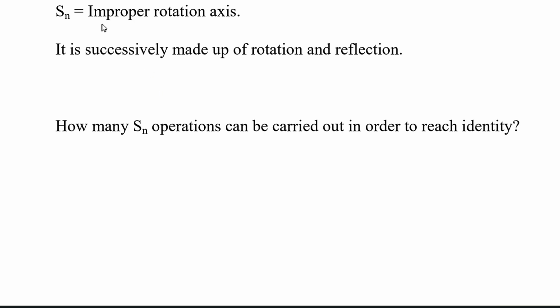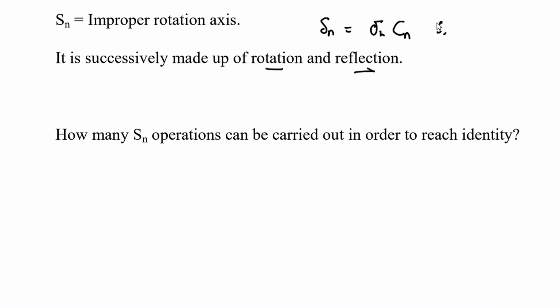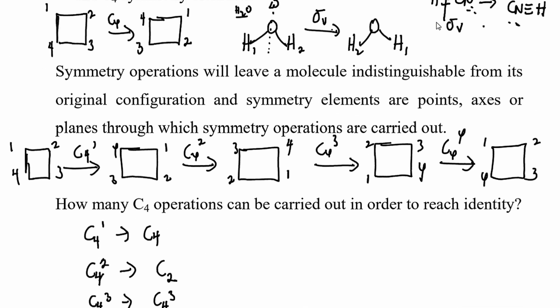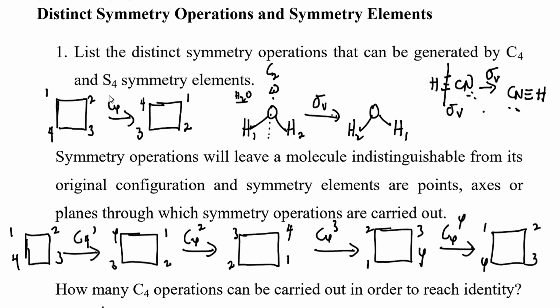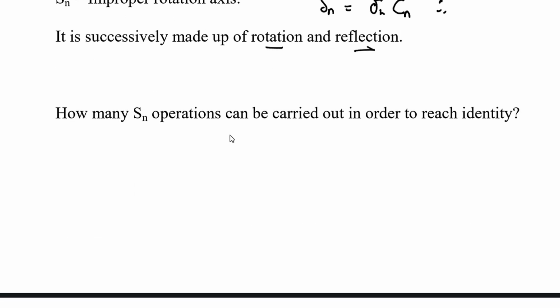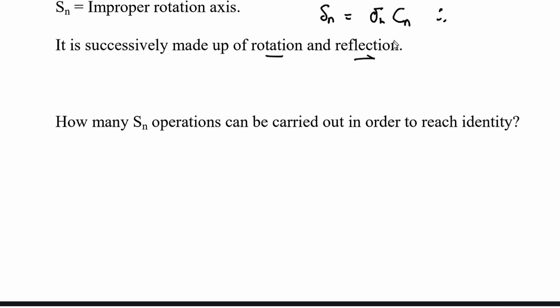Also for Sn, the improper rotation axis, it is made up of rotation and reflection. So we have Sn to be basically a combination of sigma h, which is the horizontal reflection, and then Cn, right? So let's look at the question again. We have S4 in the question, right? So now let's look at this S4.